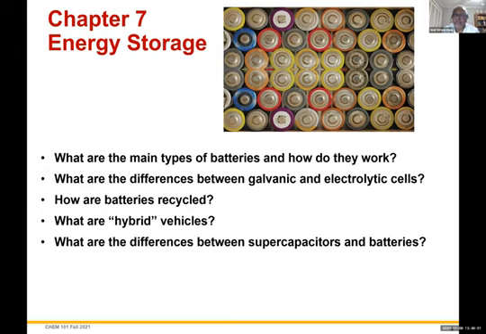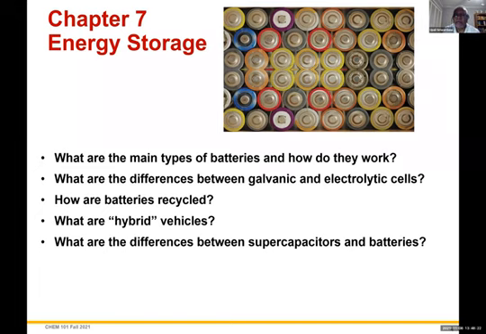In electronic circuits, we have capacitors. Supercapacitors are when you put extra ions, cations and anions, in between the positive and negative charge plates of a capacitor.